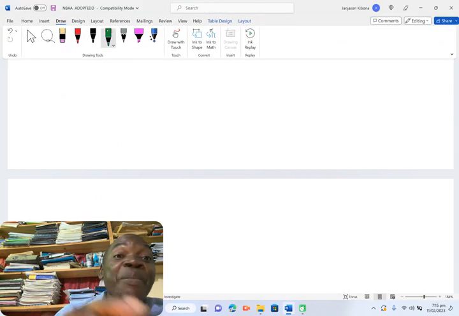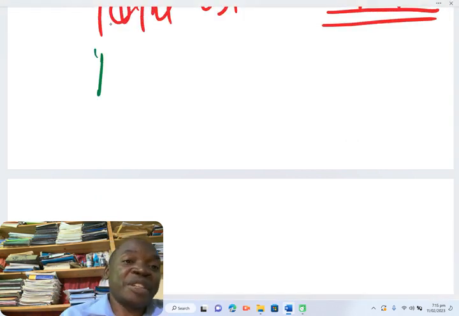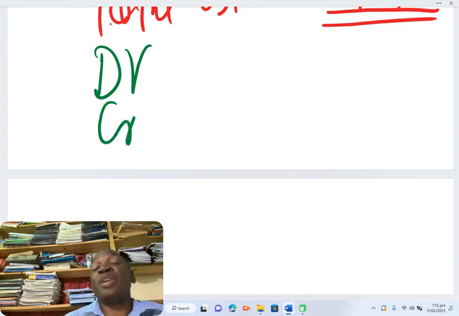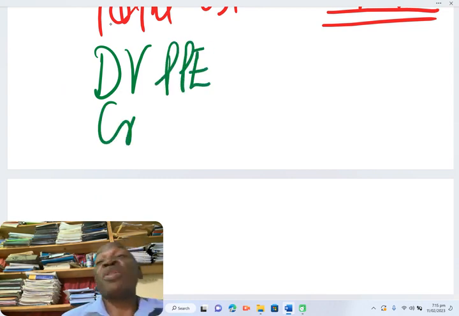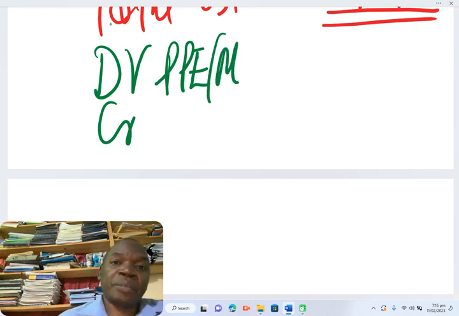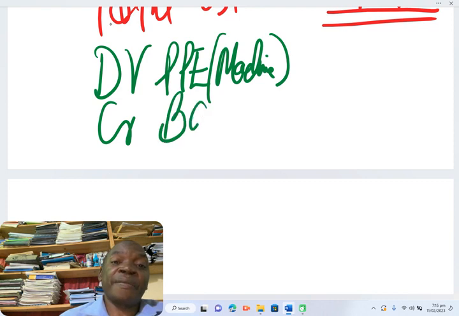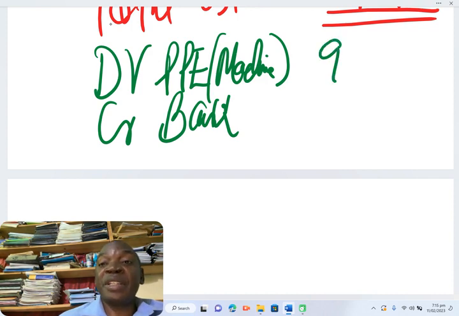Manake ukilipa hizo fedha unasema debit credit. Utadebit PPE ambayo ndo mashine, then una credit bank. By how many? 920 dollars.